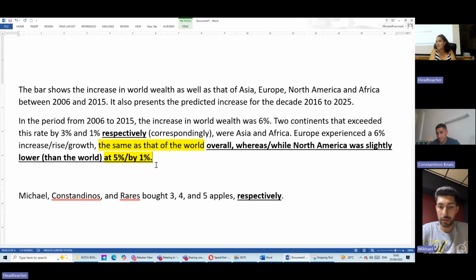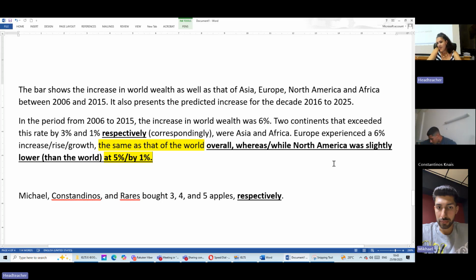The increase. Do you see the huge mistake I've made here on purpose? Is it North America that is low, or the situation that we describe in North America? Is North America low, or is the growth of wealth in North America low? The growth of wealth. Of course.